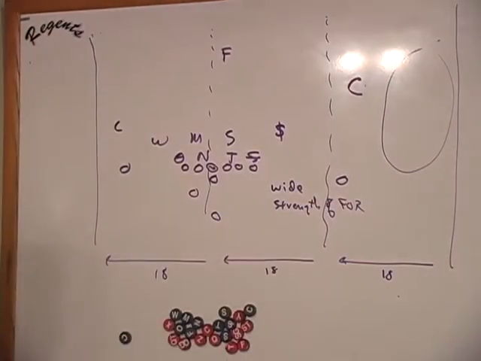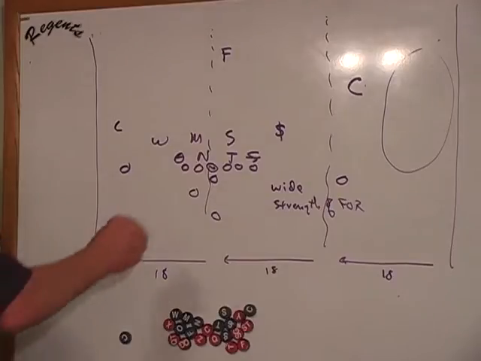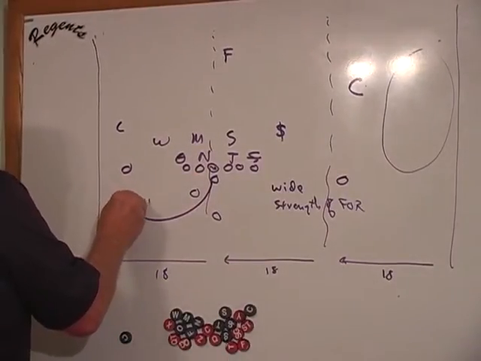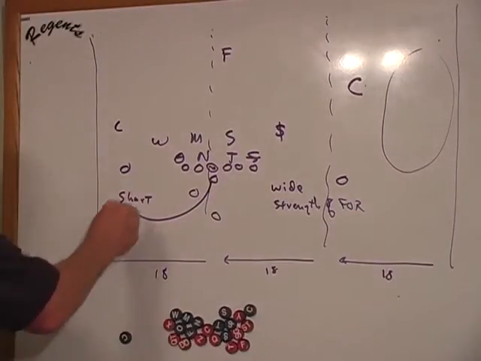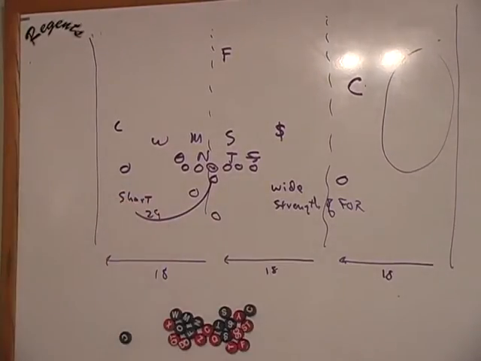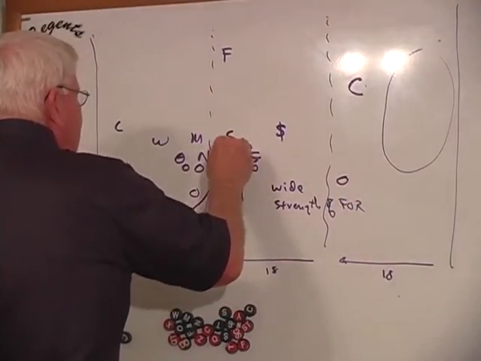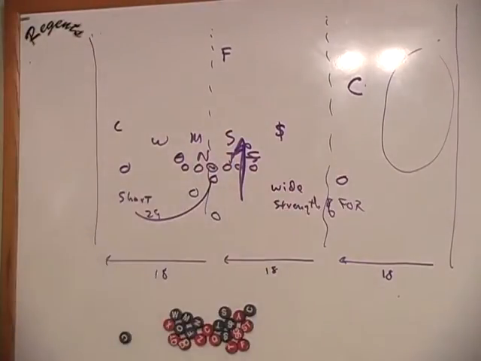Okay, now there's nothing wrong with that, but if you're running the boot, you're running it into the short side of the field, and if you're running 29, you're running it into the short side of the field, and if you're running 34 or 44, you're running right here, and you're really not threatening this area out here so much.